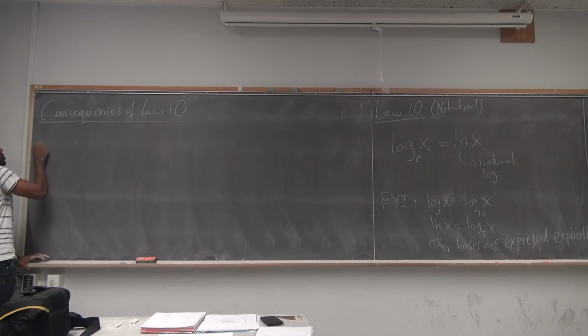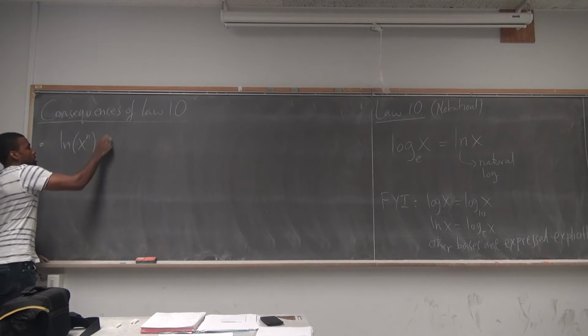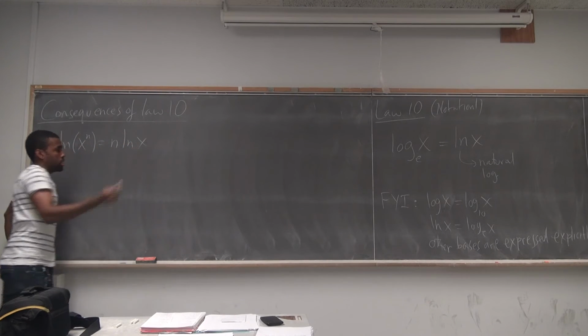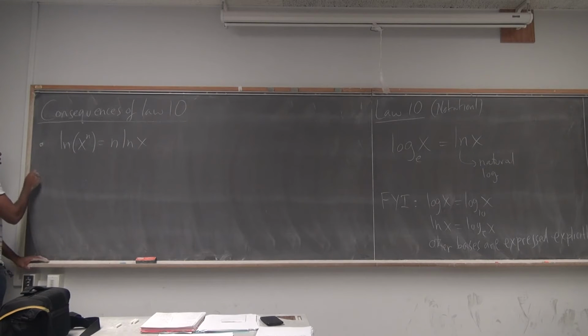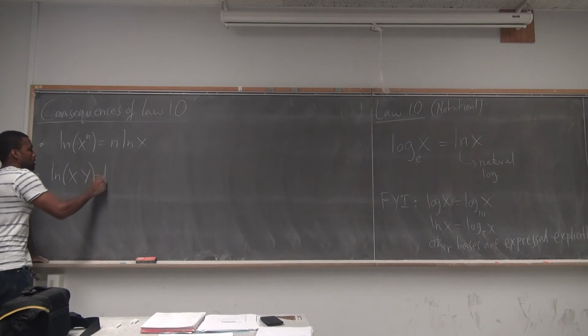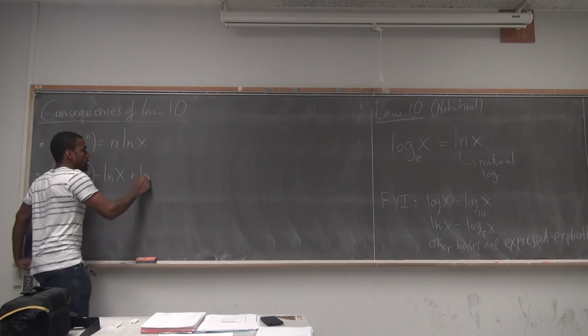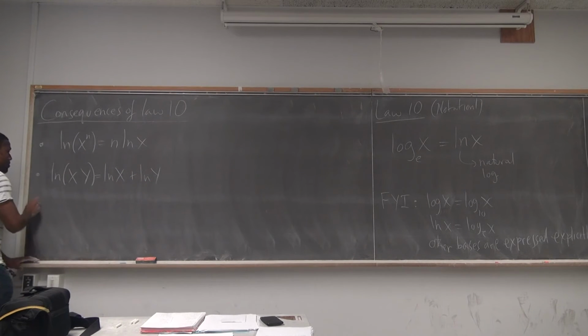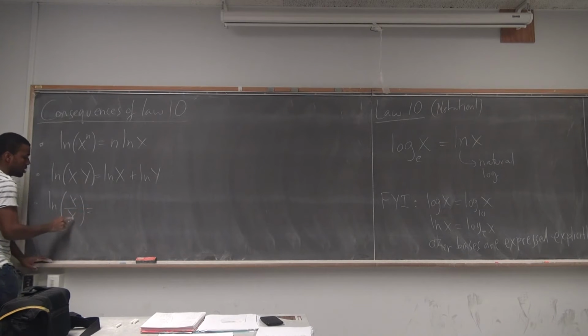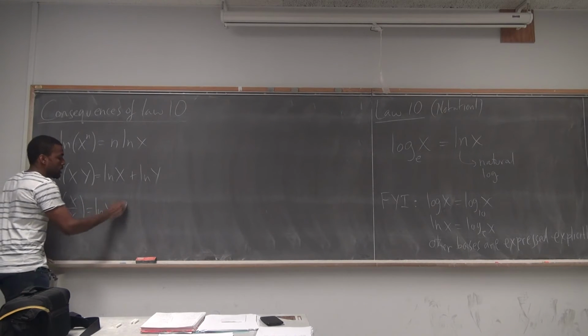So this means, for example, ln of x to the n is just n ln x, it'll work just like a normal log function. Or if I have ln of something times something else, it's ln of this plus ln of that. If I have ln of something over something, I can just subtract the ln's.